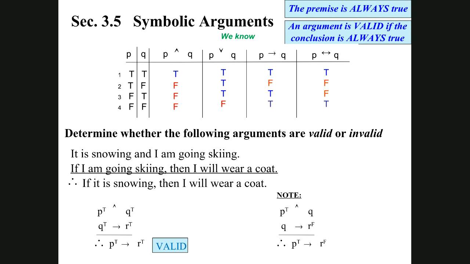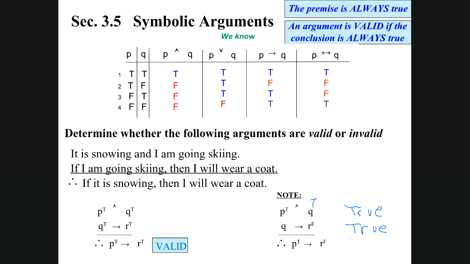Well, right away we notice both of these premises have to be true. Q then has to be true in the first premise, because if P and Q is true, then both P is true and Q is true.